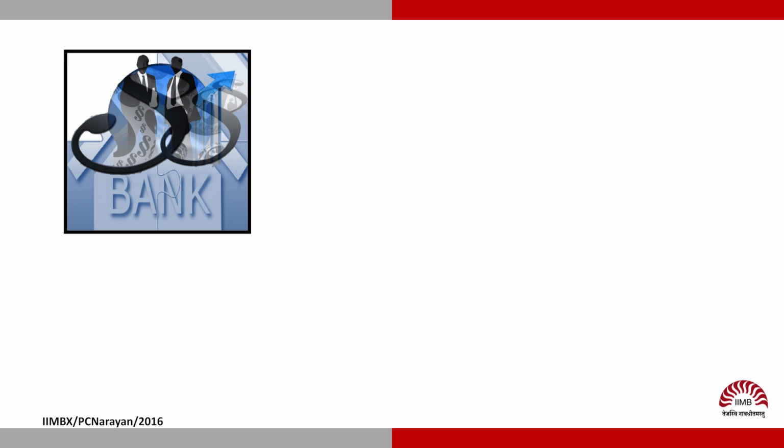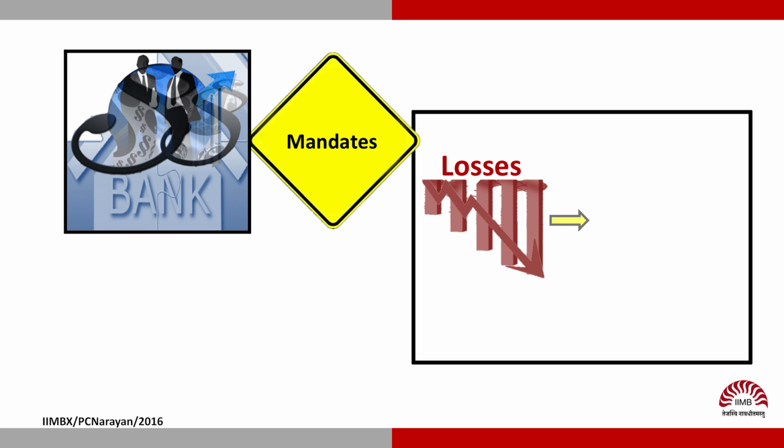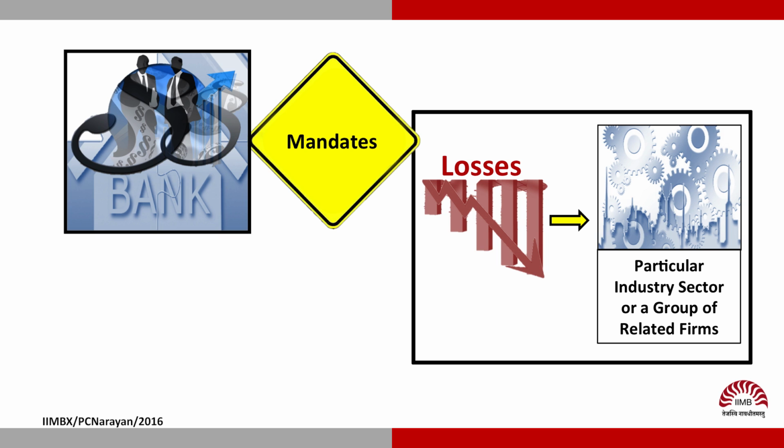Here's an example. Say the board of directors or the banking regulator in the country mandates that losses attributable to a particular industry sector or a group of related firms cannot exceed 10% of the lending institution's capital.